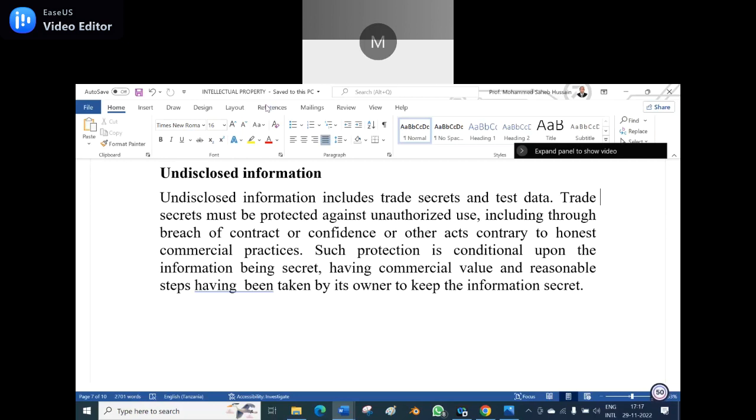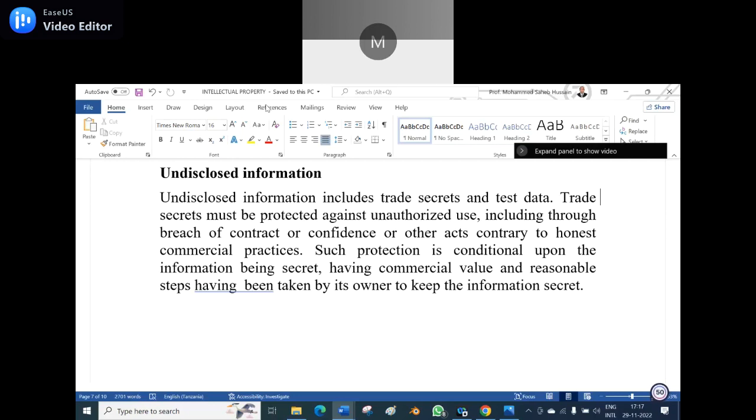If anyone breaches it, naturally action would be taken against him. So such trade secrets will not be revealed, and undisclosed information can be protected.